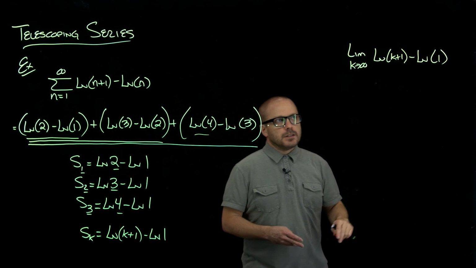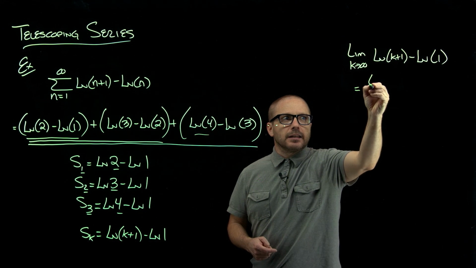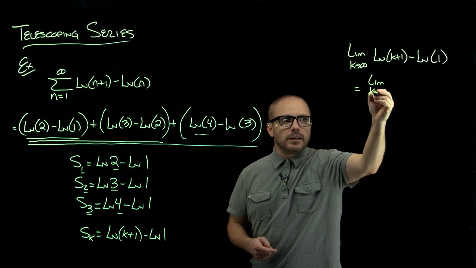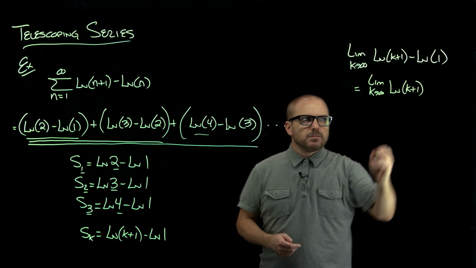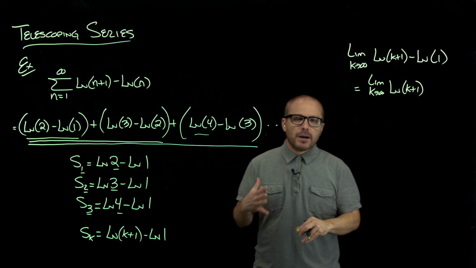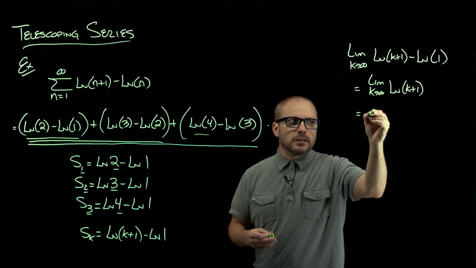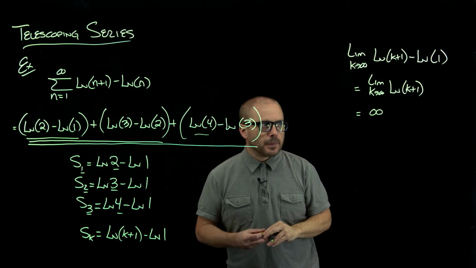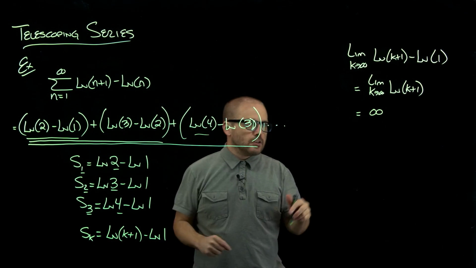Well, natural log of 1 is 0. So really, we're just looking at the limit as k goes to infinity of natural log of k plus 1. And remember, natural log grows very, very slowly, but it does grow without bound. So we know this limit is infinity. That is telling us that the series diverges.